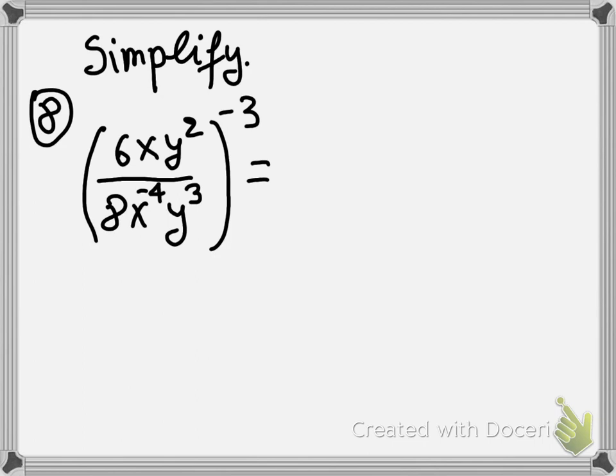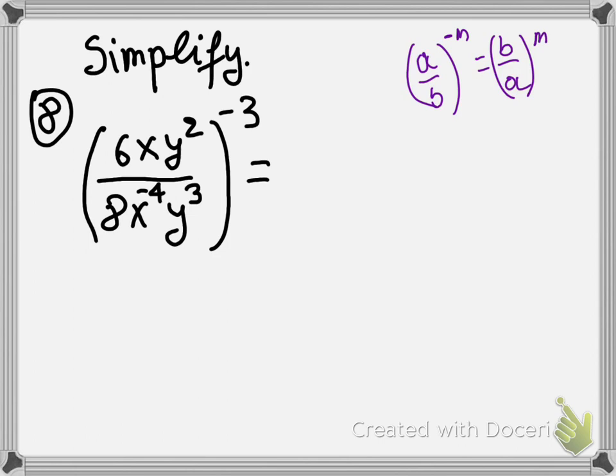Here we have another example. We have a fraction over a negative exponent, so we're going to use the property of negative exponents that we studied earlier: a over b to the negative m equals b over a to the m.